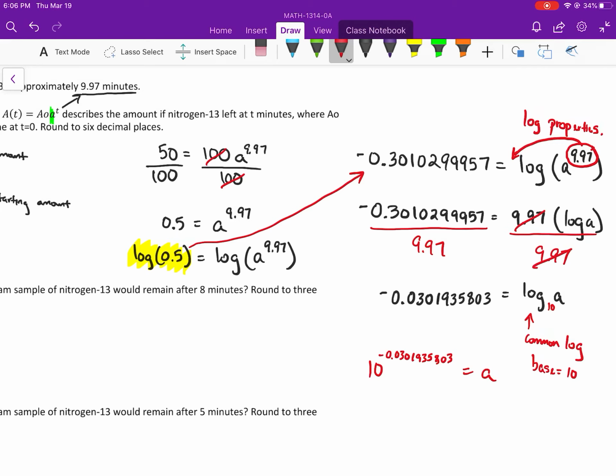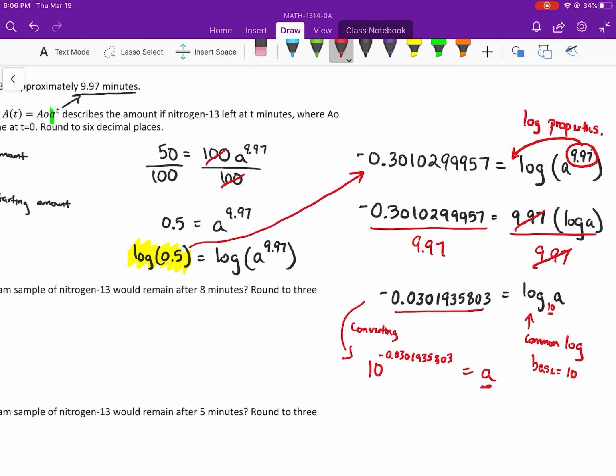What we're doing here is converting from logarithmic form back to exponential. So again, converting from exponential, our base is right here, 10 to this power equals A. The only thing that's going to be left over here is that letter A itself.